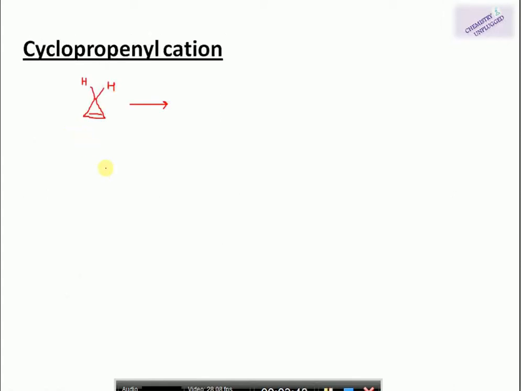Then, in the case of cyclopropenyl cation, cation means we have to remove one H minus. Now, this carbon has a plus charge, so we can write it down like this also. Because of the presence of this plus charge, this carbon is now sp2 hybridized, meaning these 2 pi electrons can delocalize over the system.